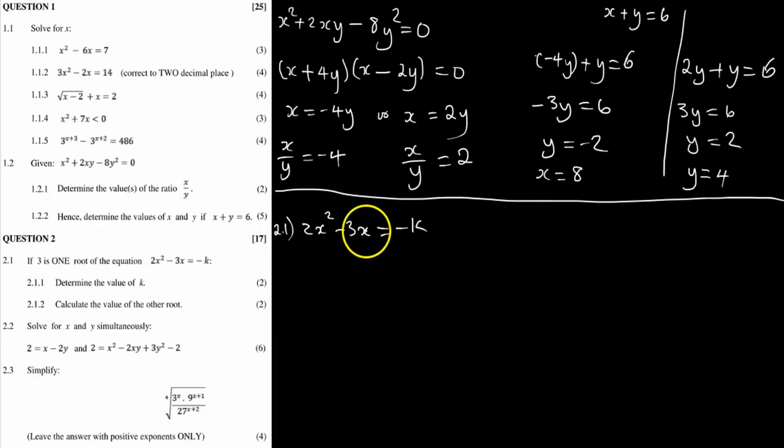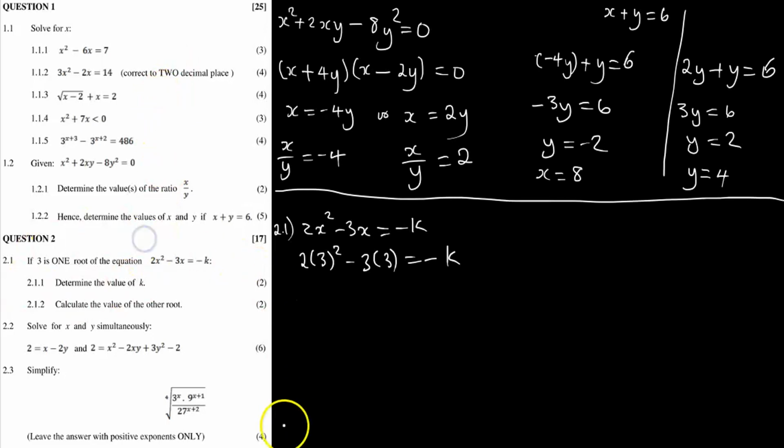So you just substitute that x value there and then you solve for k. So it's 2 into 3 squared minus 3 into 3 is equal to negative k.